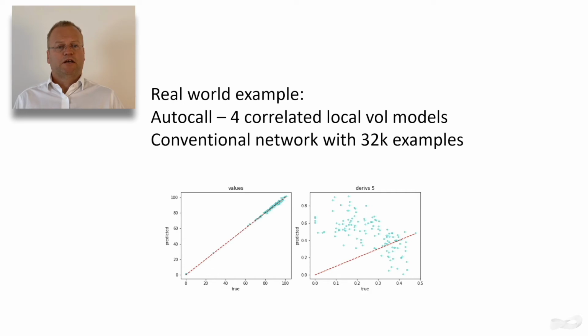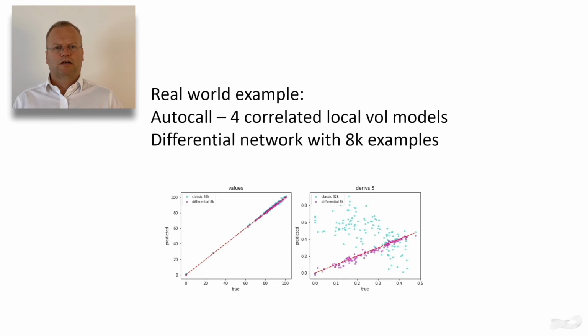The test examples are displayed as cyan dots with correct prices on the horizontal axis, computed with nested simulations, and the predictions of the trained network on the vertical axis. Perfect predictions will line up on the 45-degree line in red. We see that the network learned an accurate pricing approximation, but the predicted deltas are essentially random.